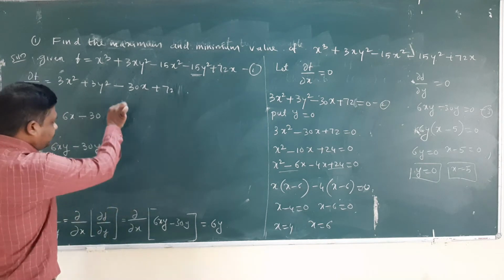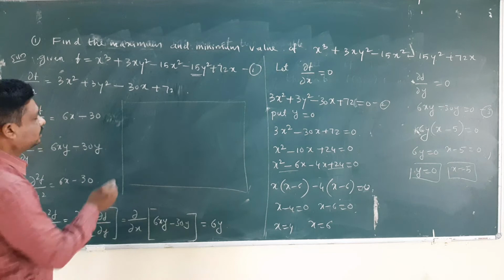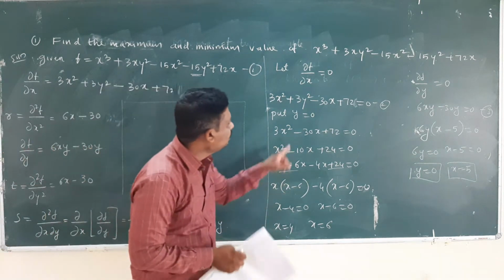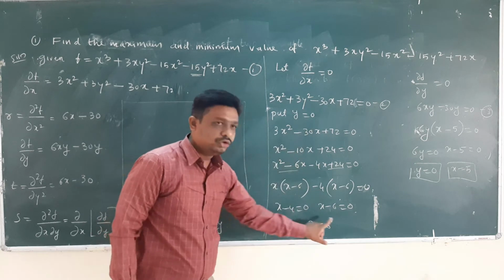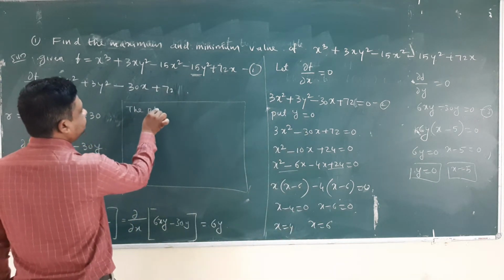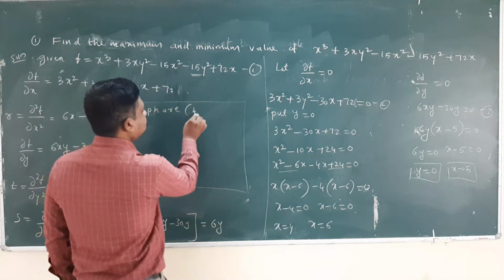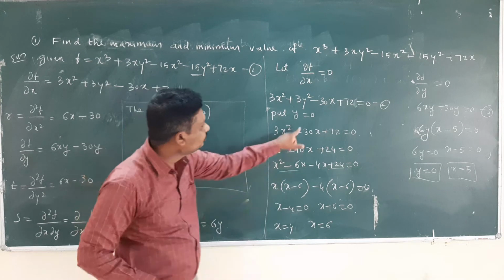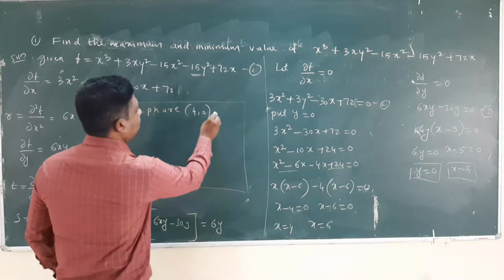Now I will write these values here. Here y is equal to 0, so I got x equal to 4 and x equal to 6. The points are: the first point is 4, 0 and the second one is 6, 0.